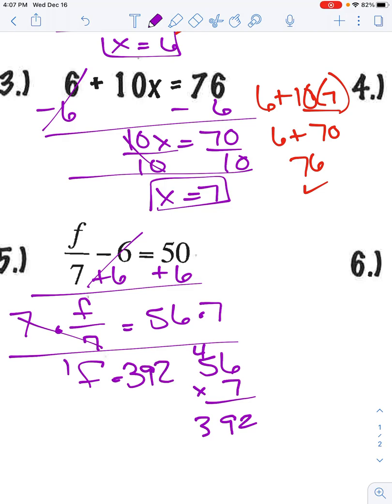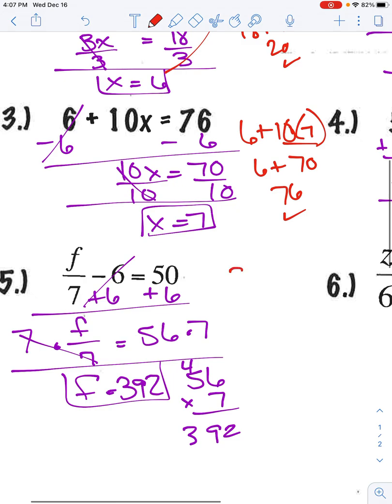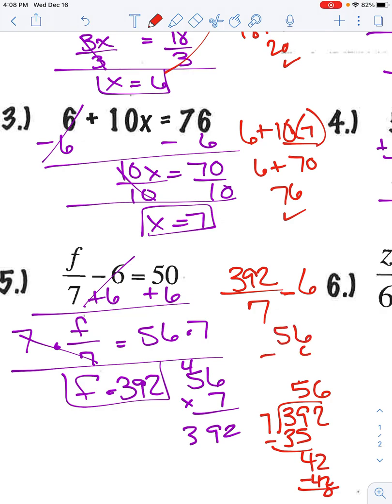So I have f is 392. Let's double check. 392 divided by 7 minus 6. 392 divided by 7 is 56. 56 minus 6 would be 50. That checks out.